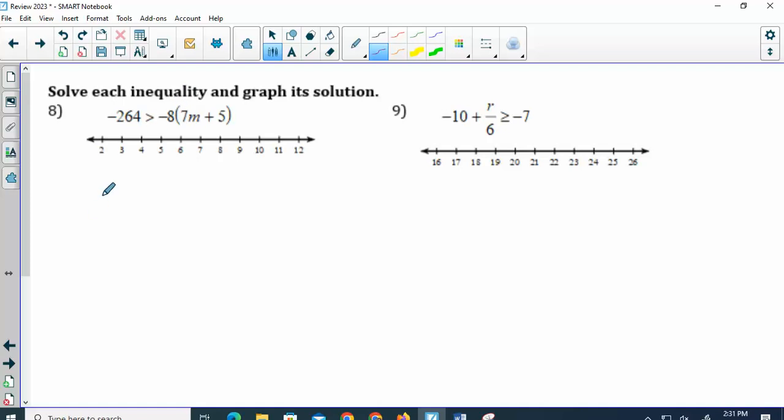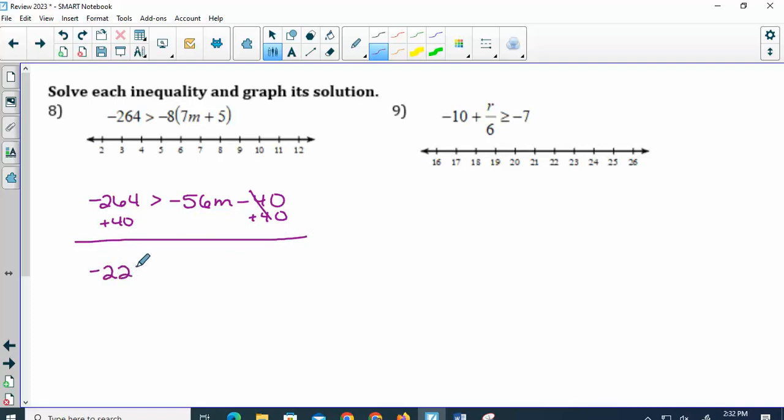So we have negative 264 is greater than negative 56m minus 40. We will, but not quite yet. Let's add the 40 first. So we get negative 224 is greater than negative 56m.